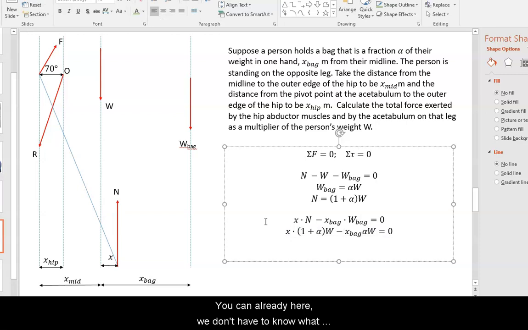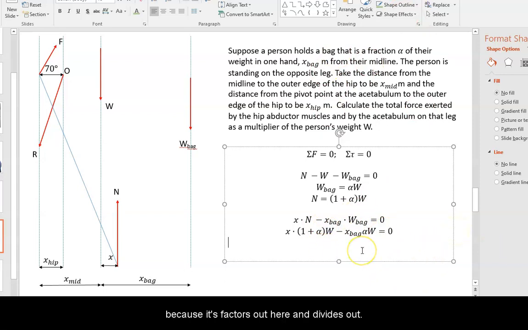And you can already see here, we don't have to know what your weight is to figure out where x is. The only unknown in this, we know x bag, that's given. We know alpha, that's given. We don't know W, but it doesn't matter because it factors out and divides out.